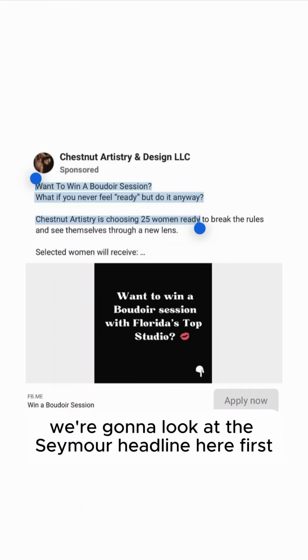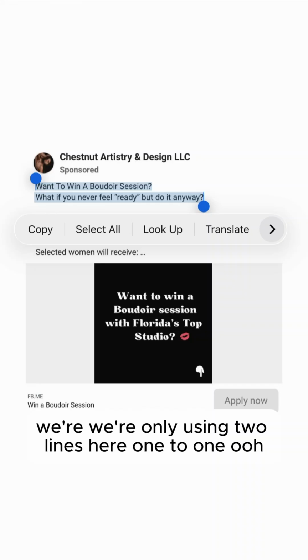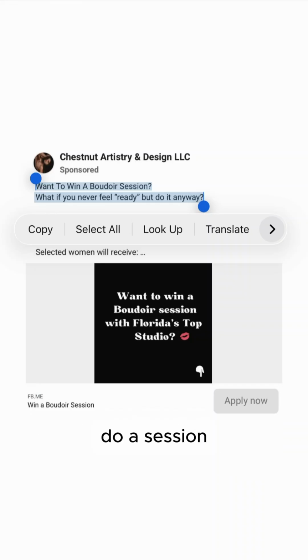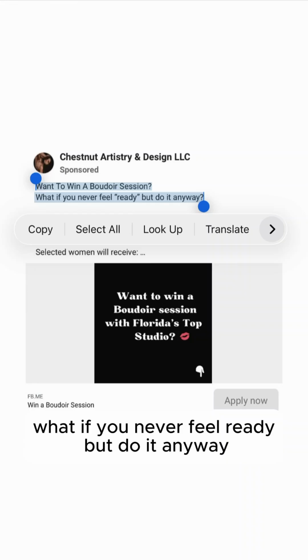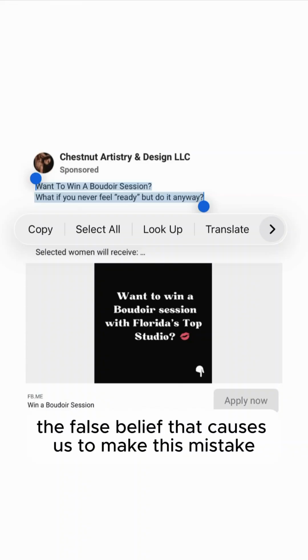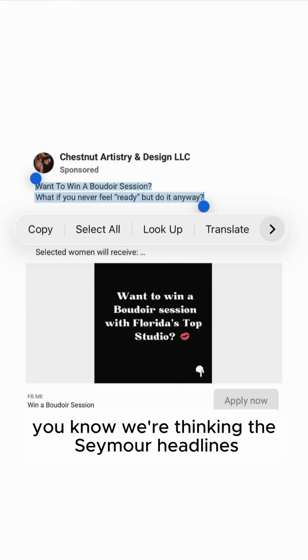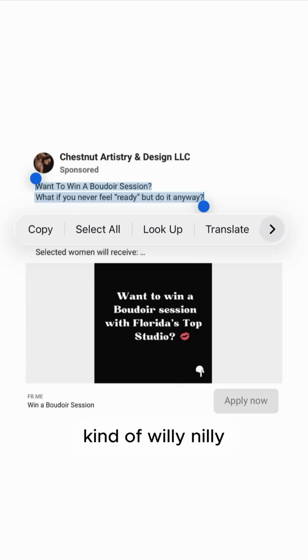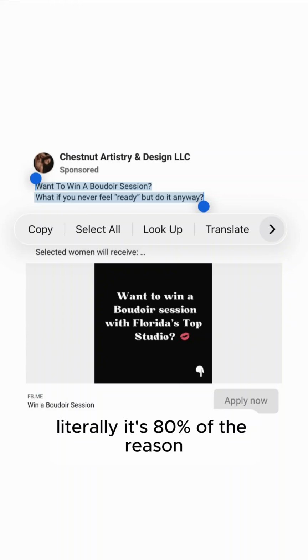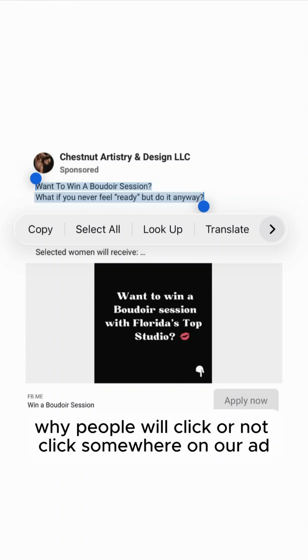Finally, we're going to look at the See More headline here. First 2 3/4 lines, Facebook mobile newsfeed. We're only using 2 lines here. "120 Boudoir session. What if you never feel ready, but do it anyway?" All right, so this is the lack of context mistake. The false belief that caused us to make this mistake is that we think the See More headline is kind of willy-nilly, when in fact, literally it's 80% of the reason why people will click or not click somewhere on our ad.